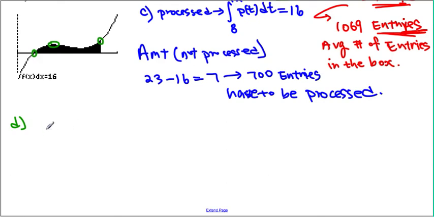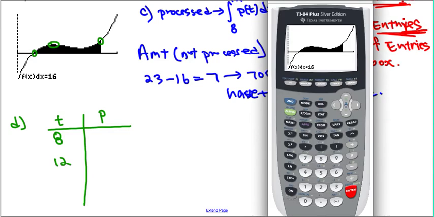So this is t, and this is p, the rate at which it was processed. We can calculate the endpoints quite easily, 8 and 12, and then we would like to figure that other point out also.